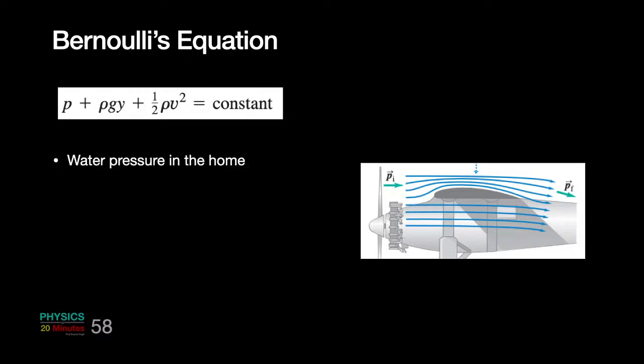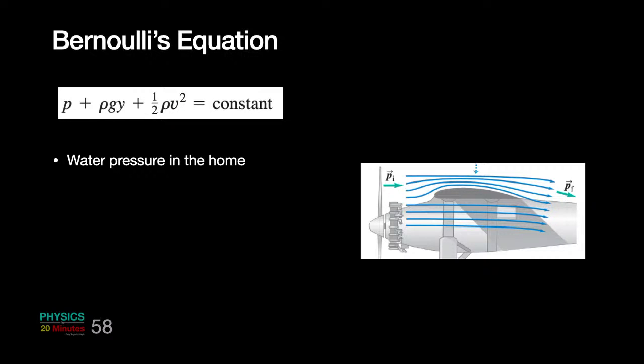So we have seen some examples, like water pressure in your home. Most buildings have water tanks at the top. If you are staying at the top floor or the second floor from the top, the water pressure in your home is generally very low.